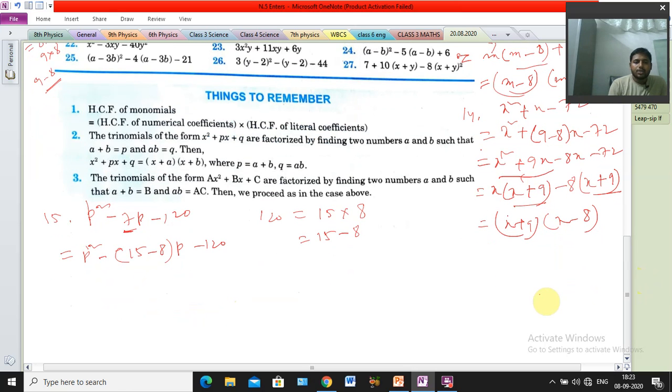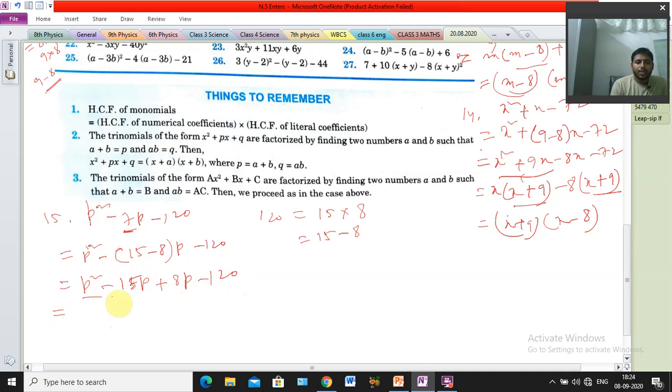Clear? Next, remove the bracket. If we remove the bracket, what will come? Minus 15p, because outside is minus and inside is plus, and here minus and minus makes plus 8p, minus 120. Okay, so take common.